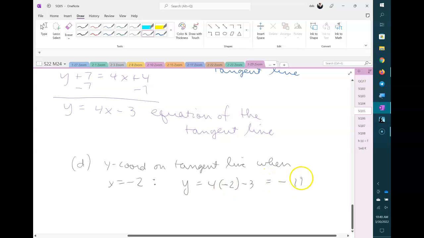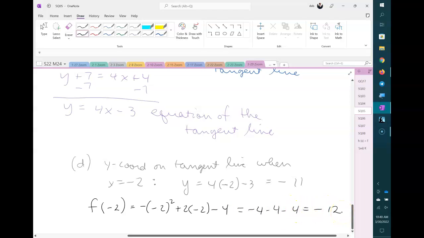So that's going to be negative 11. And then I wanted to know what's the actual y coordinate of that point on the graph. So that's going to be f of negative 2. So negative 2 squared plus 2 times negative 2 minus 4. That's going to be negative 4 minus 4 minus 4, or negative 12.